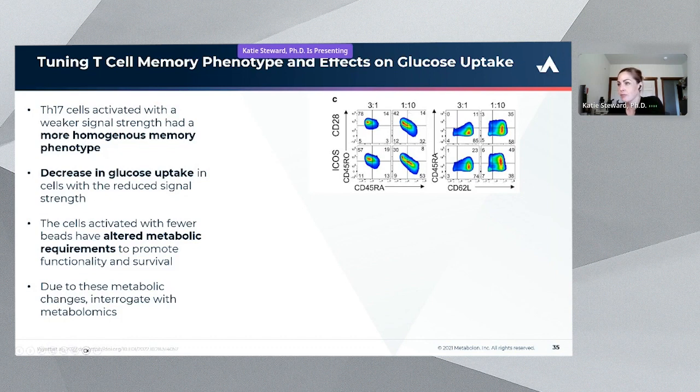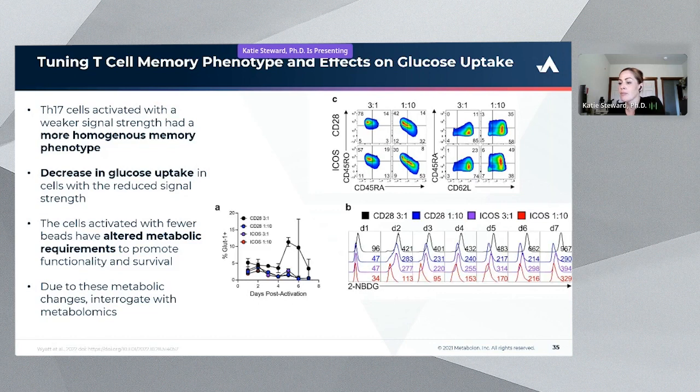So you can see here where they were able to make a more homogeneous phenotype when they used that weakly activated cell. They also were able to look at the energetics a little bit for these different T cells. They showed that the weakly activated cells took up less glucose from that GLUT1 measurement, which you can see here.